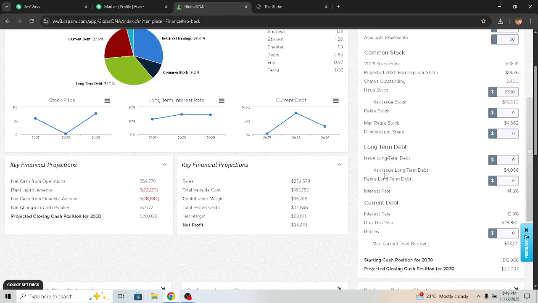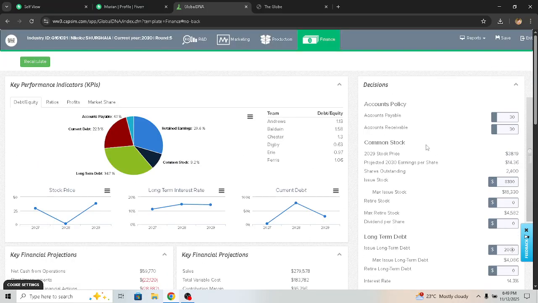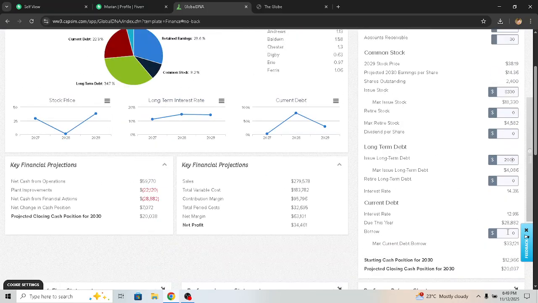The good thing with the long-term debt, I normally advise people to go for long-term debt because it has a cheaper interest, therefore you don't have to pay a lot of money back. So in this case, we took 2,000 in the long-term debt, and we took 8,000 for the current debt.